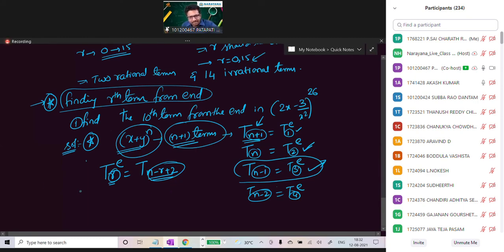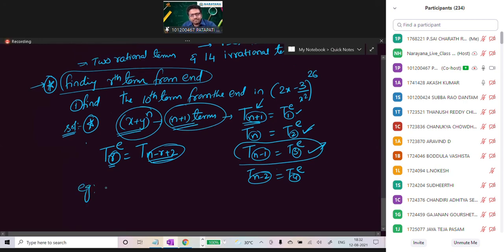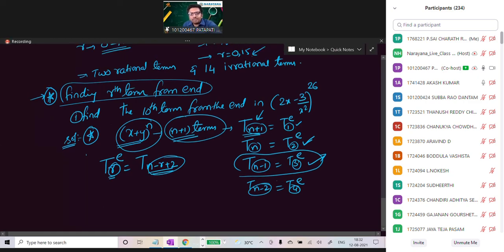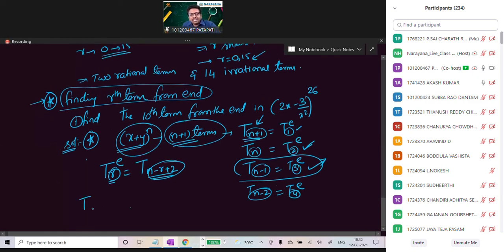For example, take this question. I want T10 from the end, right? Whatever you write here, the sum of these two should be n plus 2. n plus 2 is 28, right?